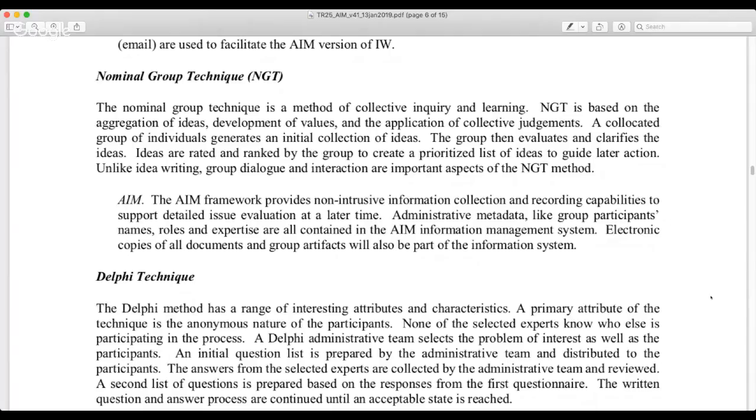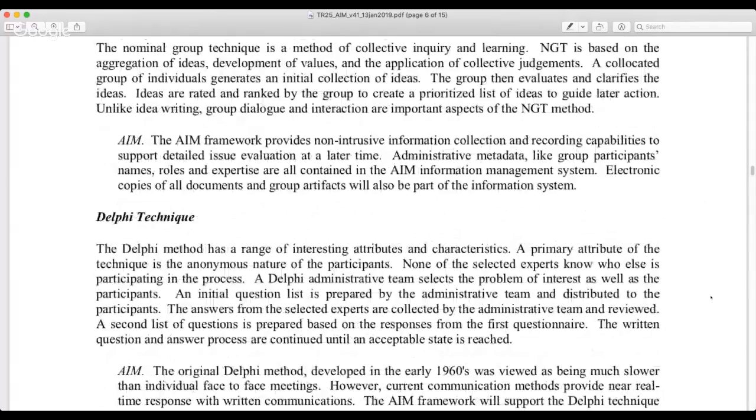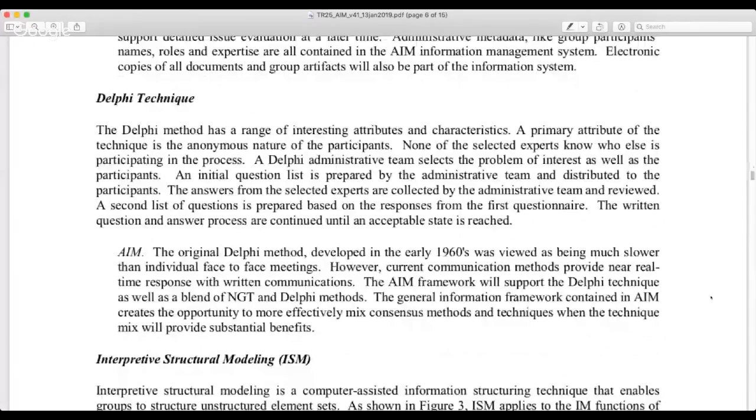The Delphi technique is a method that has a range of interesting attributes and characteristics, but it's essentially a group with an administrative team that selects the problem of interest, and we have anonymous people answering. It's done asynchronously, and it's done in writing, and the members of the group don't even know who each other are, so they're not talking or educating each other.